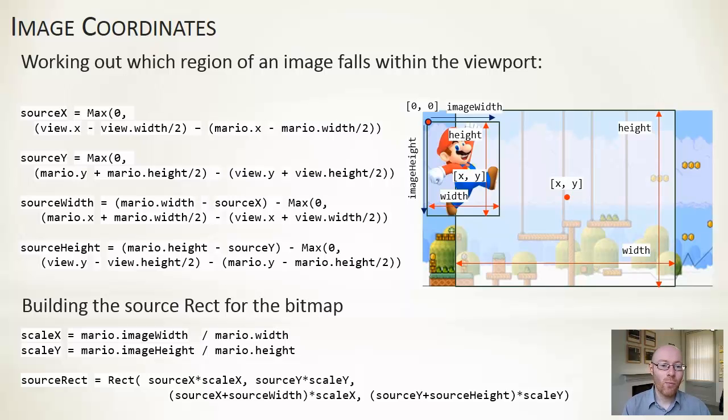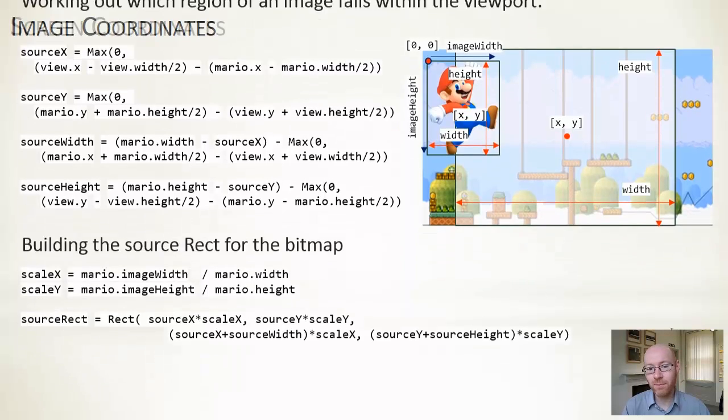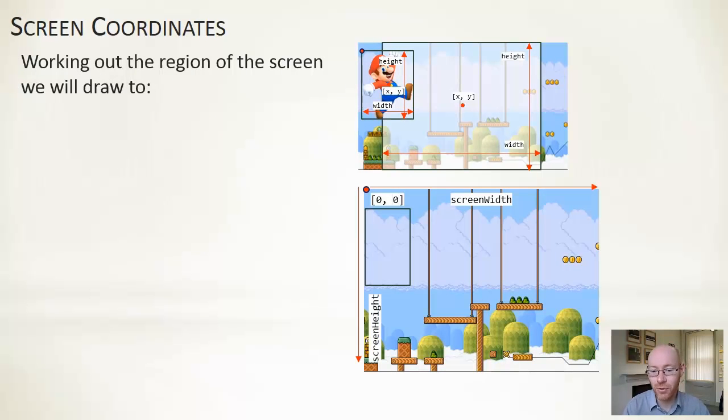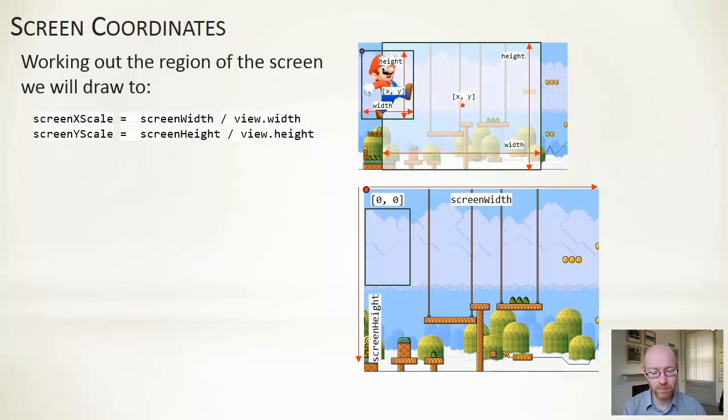Having worked out which bit of the source image we're drawing, we then need to work out, well, where are we drawing it to? So what is the destination rectangle on the screen that we want to copy our source bitmap segment to? This is actually going to be something fairly straightforward and simple. We will first of all work out, okay, we have a layer size, so we know how big our viewport is within the actual game world itself.